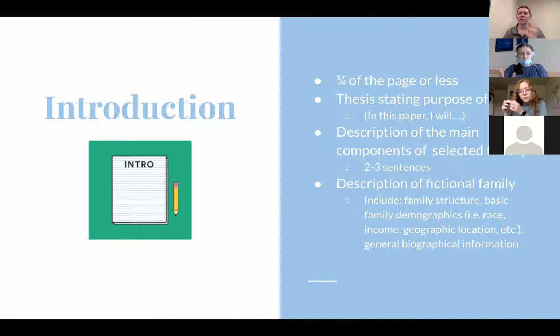The only thing I explained about the theory in that is the term subsystems. So it should be like, this theory focuses on boundaries and roles, very straightforward, only about the theory. And then you'll describe the family similarly to how you described your family in the last paper.